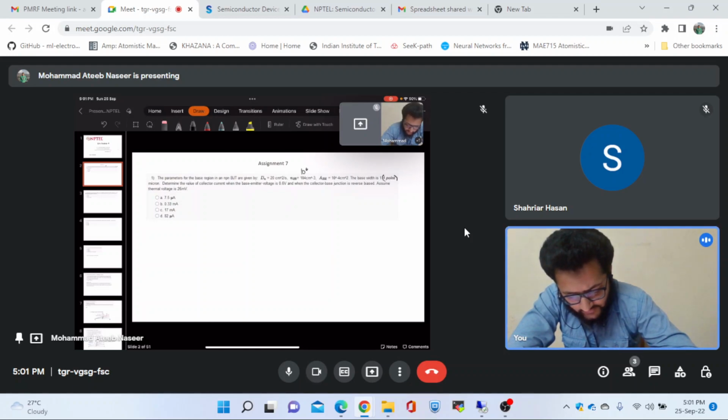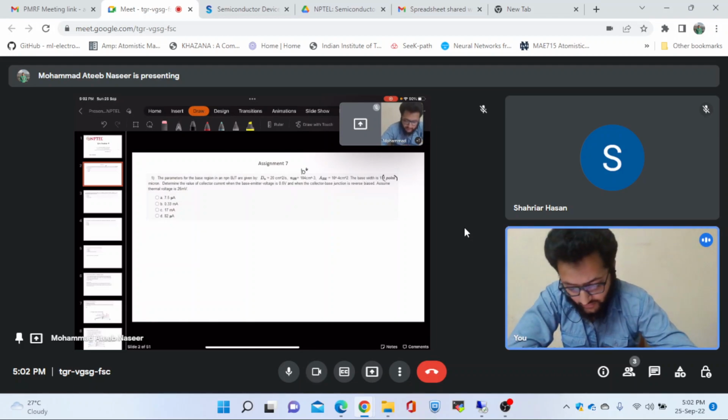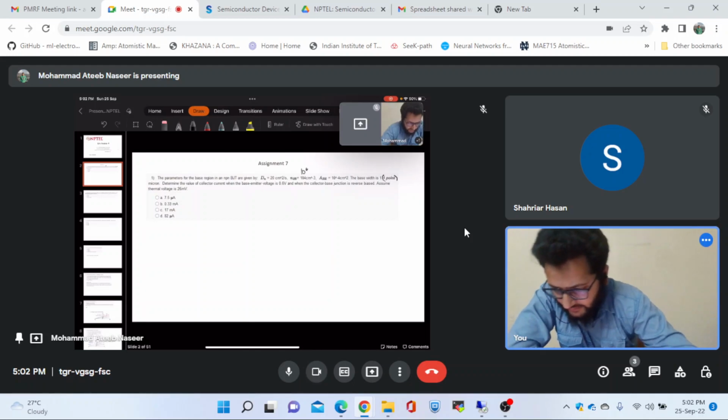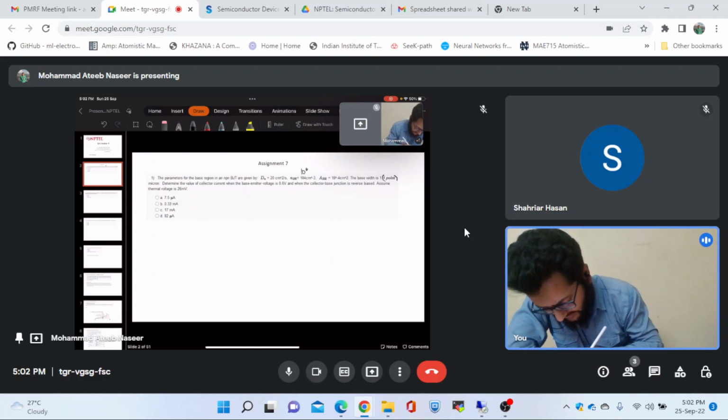The collector base junction is reverse biased, and we have been told to find the collector current assuming the thermal voltage to be equal to 26 millivolts. So this transistor is in forward active mode. Let us write down the expression for the collector current that we have seen.